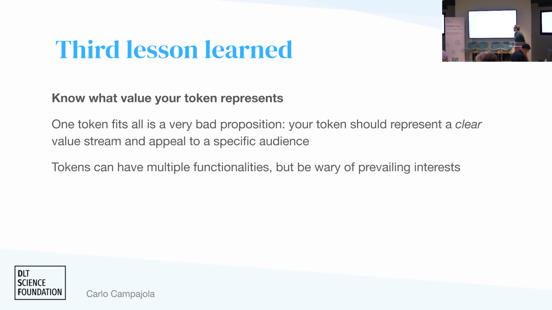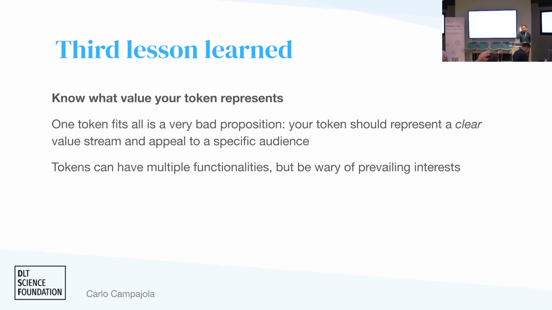So know what value your token represents. One token fits all is a very bad proposition. I've heard this sometimes, where you say, I'm going to have a token associated with my business. Okay, what is the value proposition associated with that token? Make sure that there is a clear value stream and there is a clear audience that you appeal to. And tokens can have multiple functionalities.